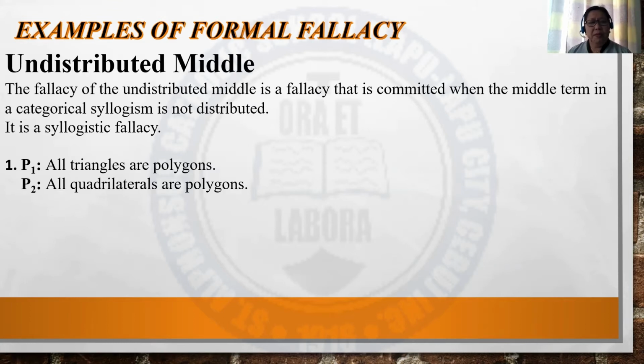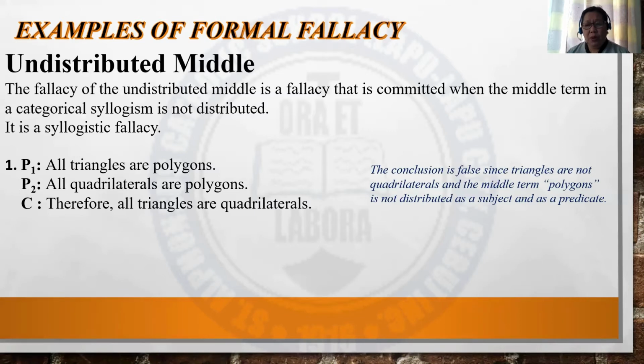The second premise is all quadrilaterals are polygons. For the conclusion, therefore, all triangles are quadrilaterals. The conclusion is false since triangles are not quadrilaterals and the middle term polygons is not distributed as a subject and as a predicate.